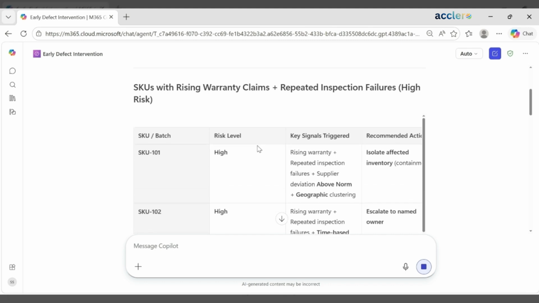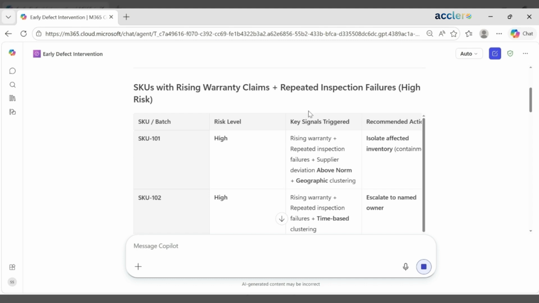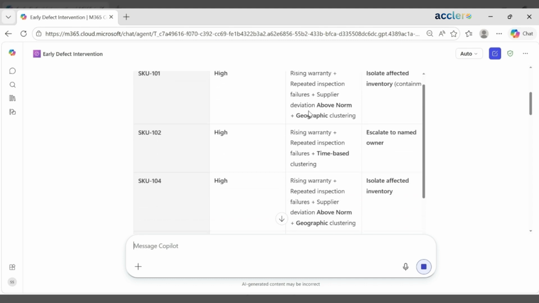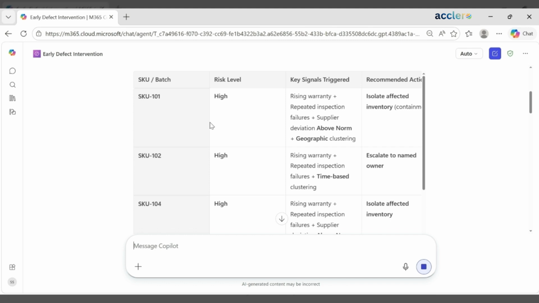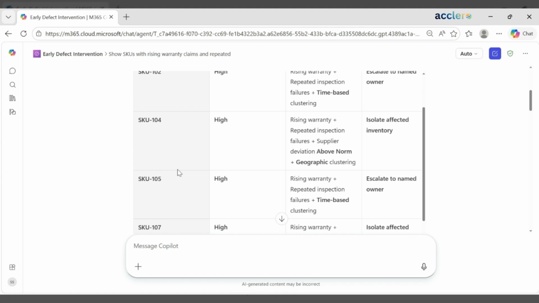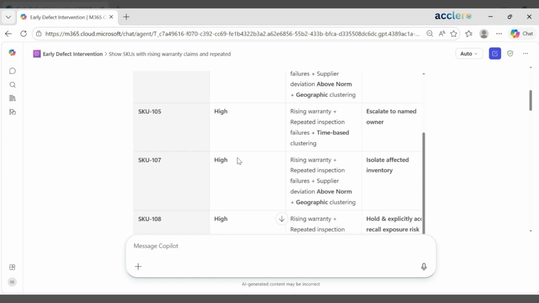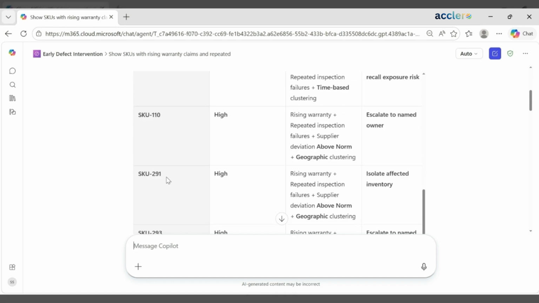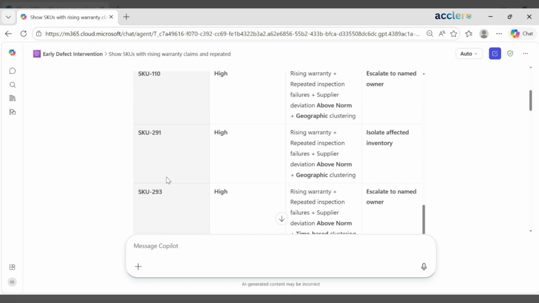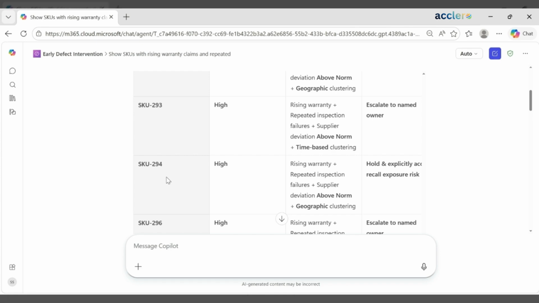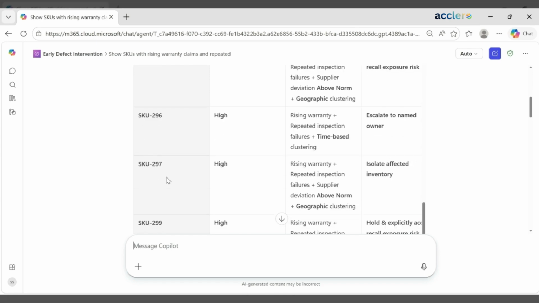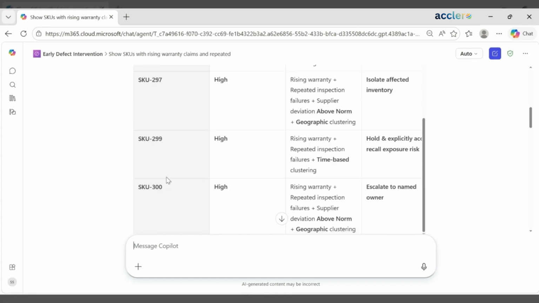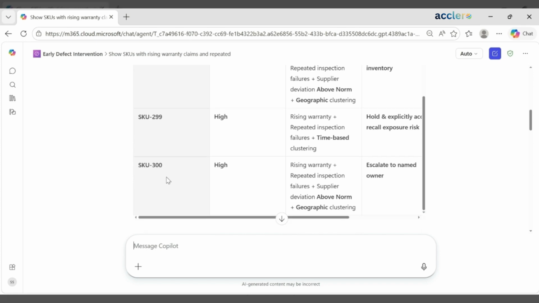So it identifies the high risk containment SKUs like SKU 101, SKU 102, SKU 104, SKU 105, SKU 107, SKU 108, SKU 1110, SKU 291, SKU 293, 294, 296, 297, 299, 3 and 300.